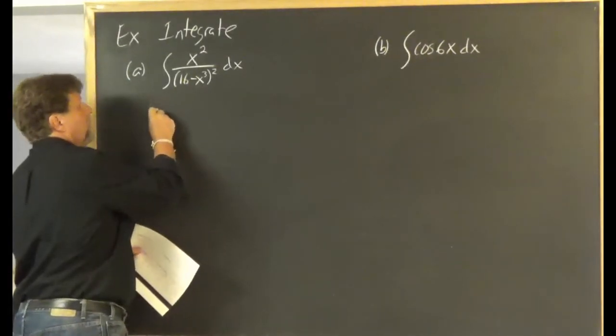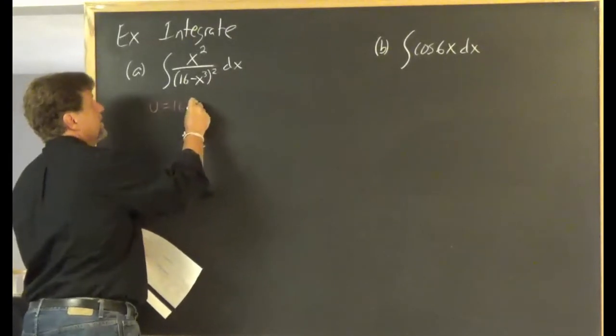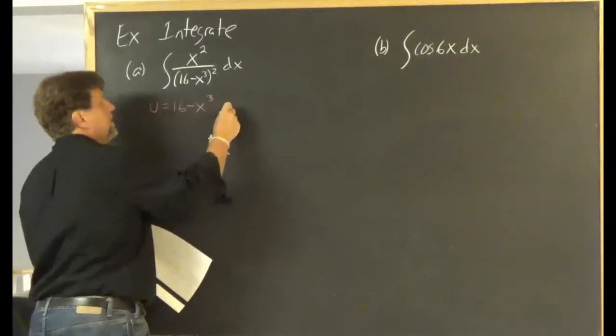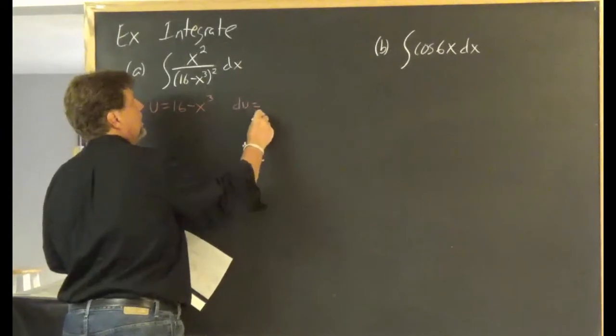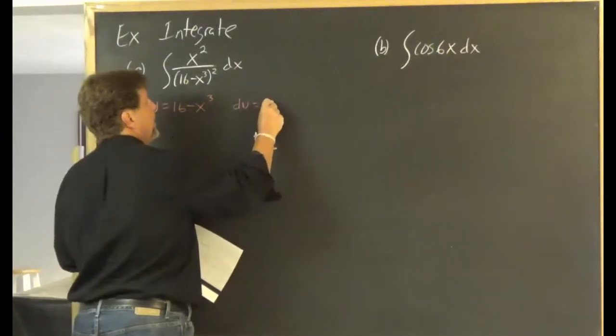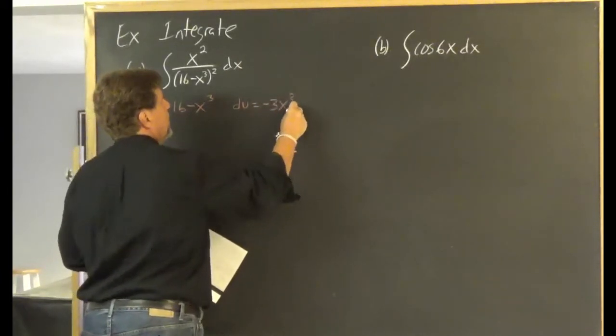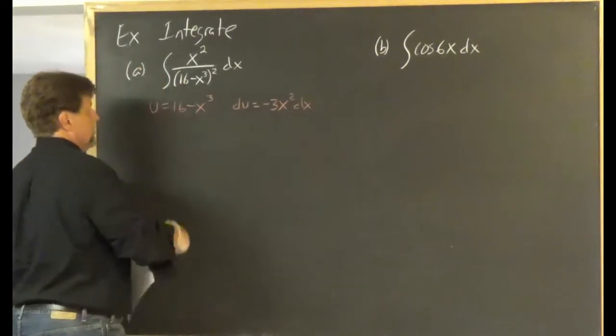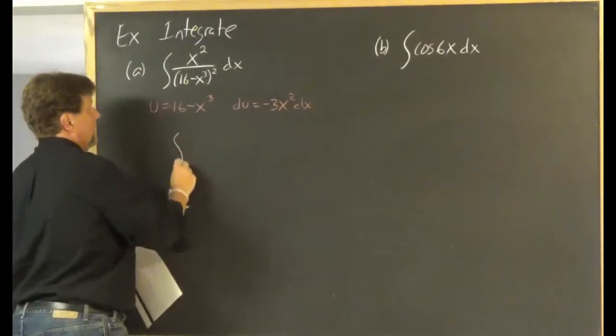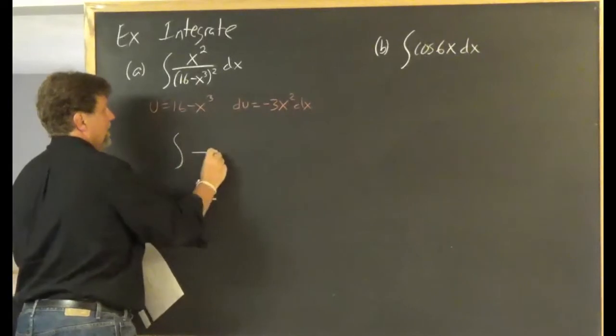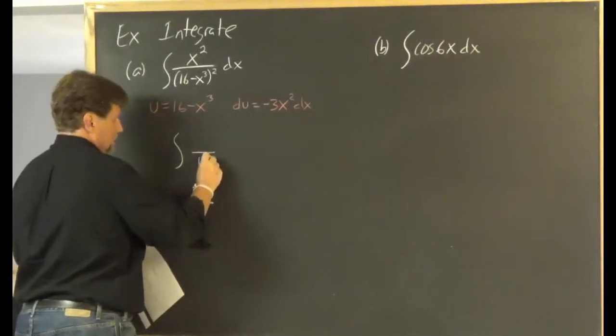Let's let U equal what's inside the parentheses. Then we must compute du. Du is the derivative of U, and we get negative 3x squared dx. So I substitute in. So there's my U, so my denominator's U squared.